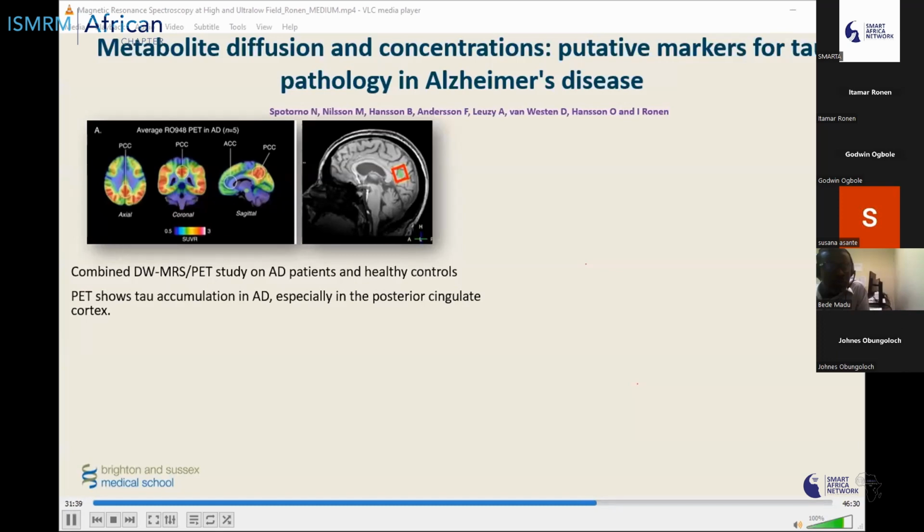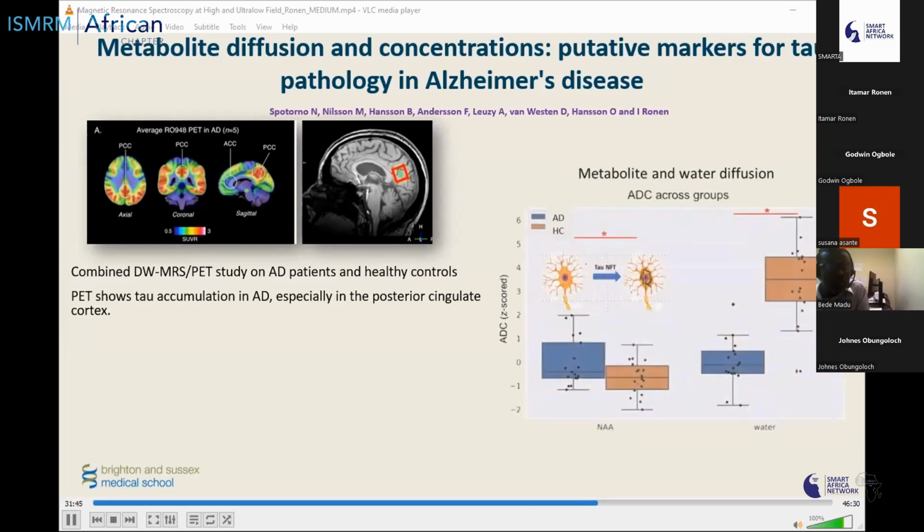So we are looking at the area where we know that there is tau accumulation in Alzheimer's. And what we will do is we will study whether there is a change in the diffusion properties of metabolites in this particular region, and if we are able to link it to the accumulation of tau.